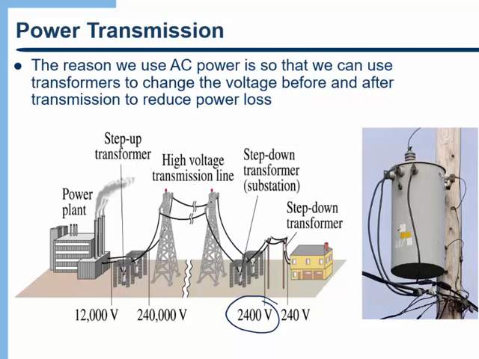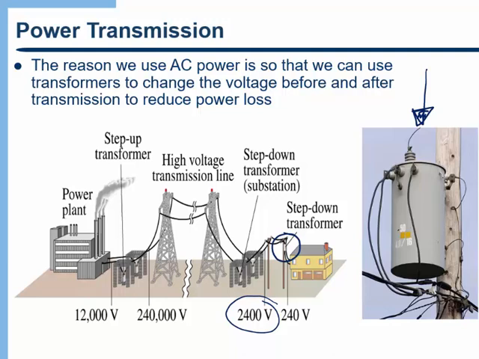The final step down to the 240 volts that comes in to your place of residence doesn't happen until right before it enters. I'm sure you've noticed these big gray cans that are up on about every third telephone pole or so. Those are the final step-down transformers. That's where the electricity is stepped down to the 240 volts that actually comes into your house.